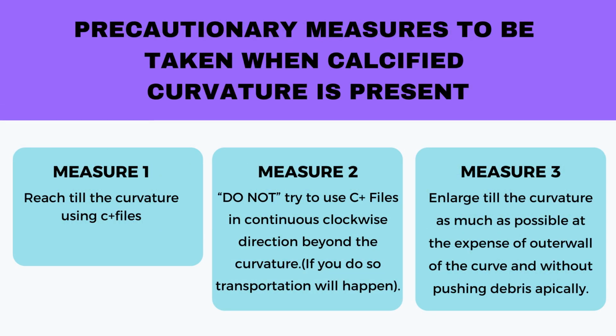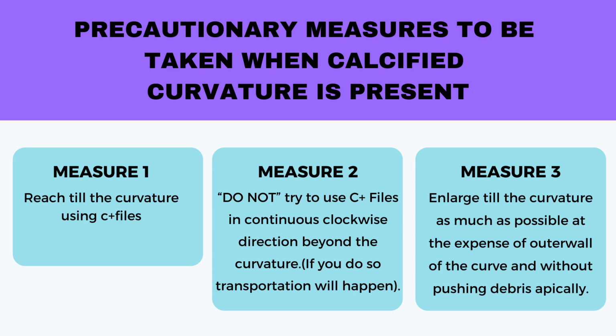You should take extra caution while working on a canal which is calcified and has a curvature. Once you reach the curvature using C+ files, stop there. If you try to move beyond the curvature using C+ files in a clockwise rotating motion, it will start engaging the outer wall of the curvature and result in transportation of the canal and perforation.